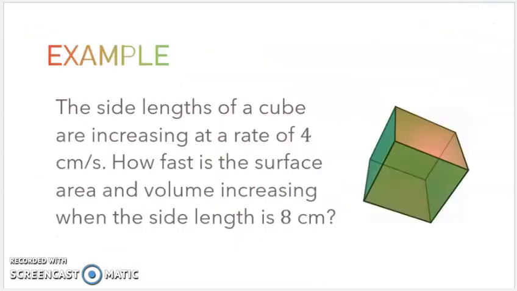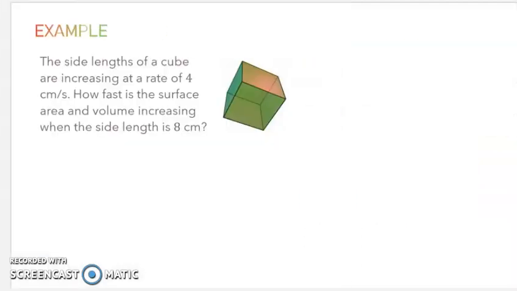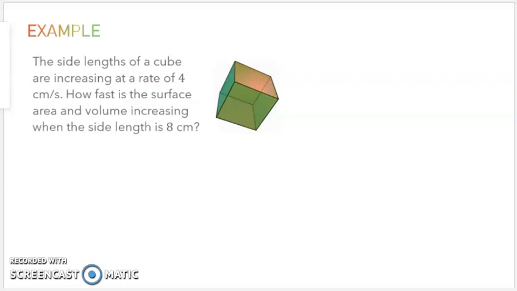Next example, the side lengths of a cube are increasing at a rate of 4 centimeters per second. How fast is the surface area and volume increasing when the side length is 8 centimeters? Let us identify the data given in this problem. We have the derivative of the side lengths with respect to time as 4 centimeters per second, since the side lengths are increasing at that rate.